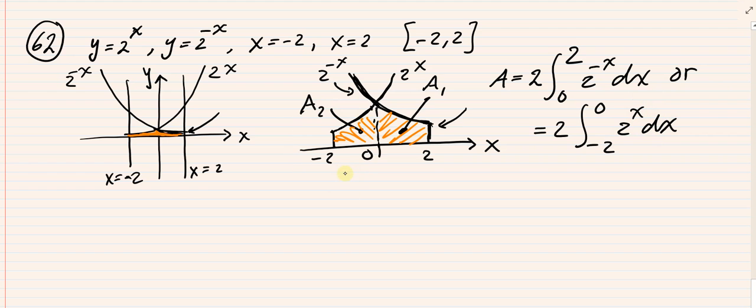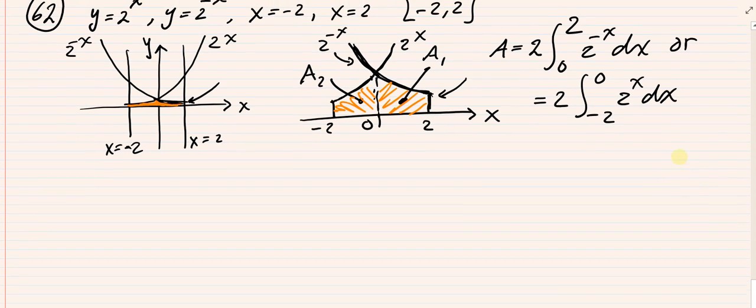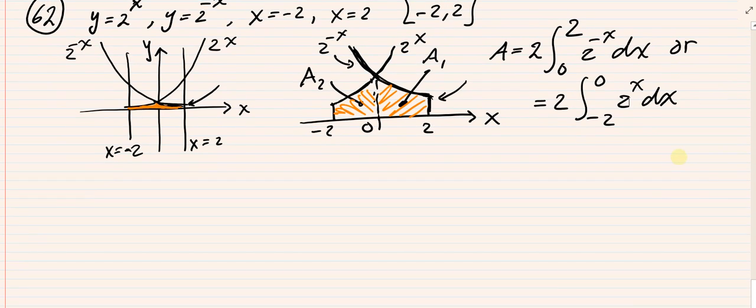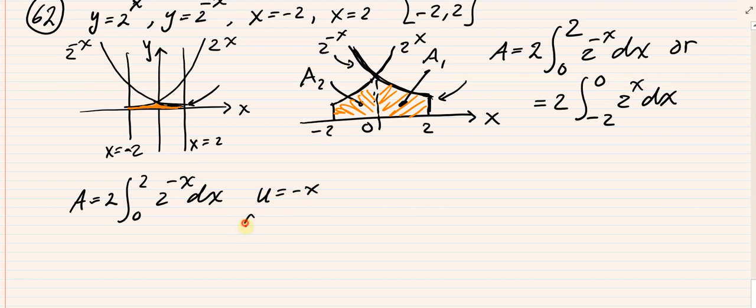Either one would work. So let's stay with my first one. The area is twice the integral of 2 to negative x dx. If I let u be negative x, du is negative dx.